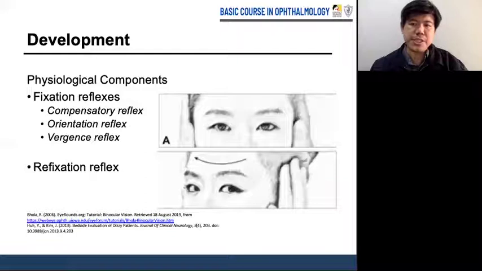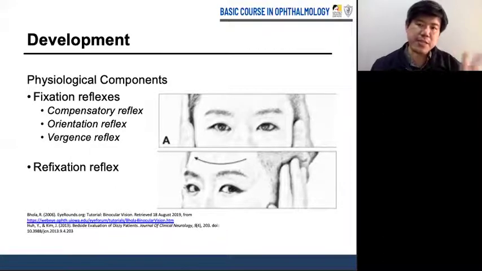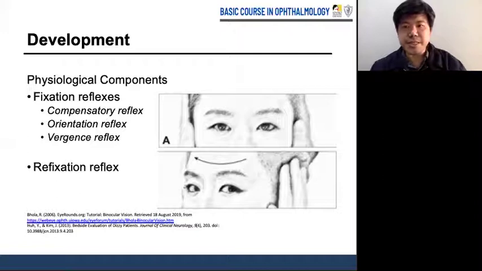So physiological components include the reflexes. Its development requires that all anatomical components are normal. So for fixation reflexes, we have the compensatory fixation reflex or the gravitational reflex. Its function is to keep the eyes in a fixed position, and it's due to the frontal direction of the eyes and the utricles and the saccules presiding over the tone of the vertical recti and obliques, respectively.